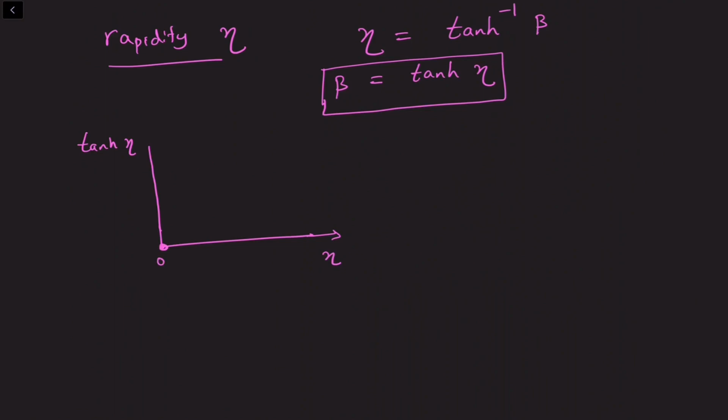For small values of eta, tan hyperbolic eta is just proportional to eta, and this is true both for positive and negative eta. And then as eta becomes large, or approaches infinity, tan hyperbolic eta asymptotes to a value of 1. And similarly, if eta becomes negative and large, tan hyperbolic eta asymptotes to a value of -1.